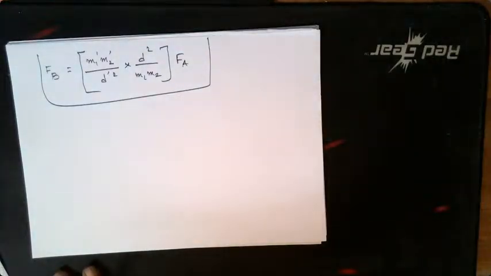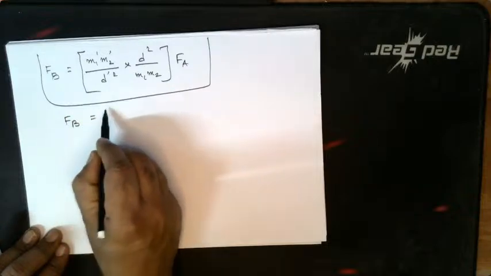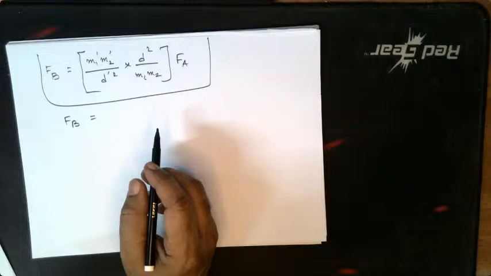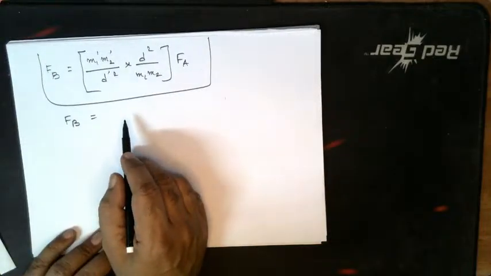Let us consider the first case. What is the first case? Mass of one object is doubled. It means we have FB is equal to, one set of, because what happens to the force between two objects if one object is doubled.